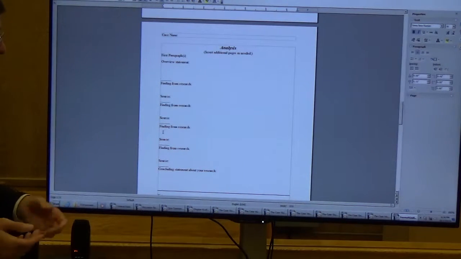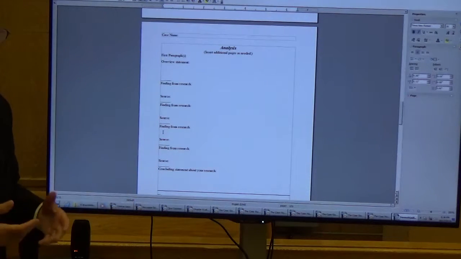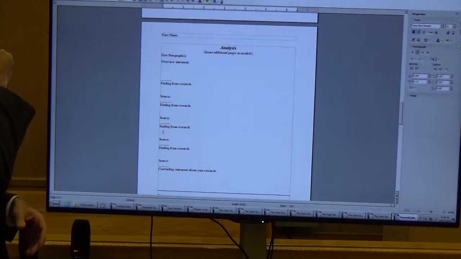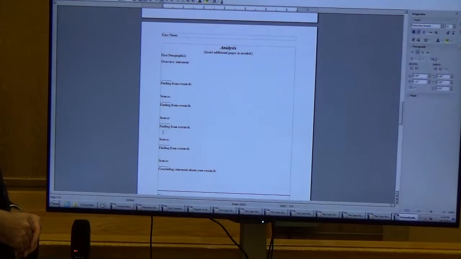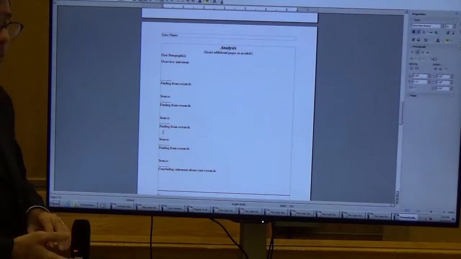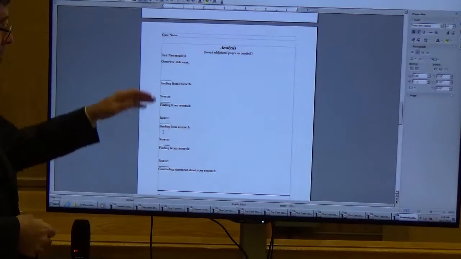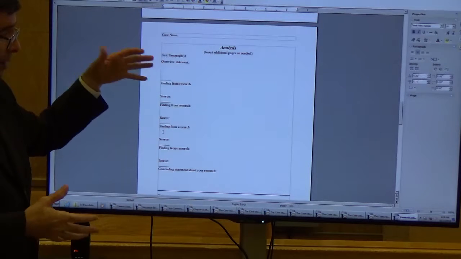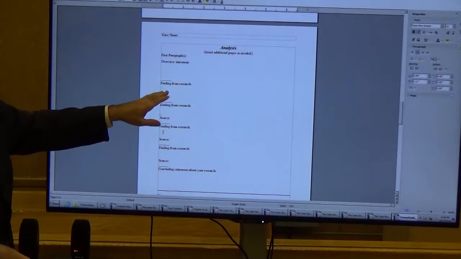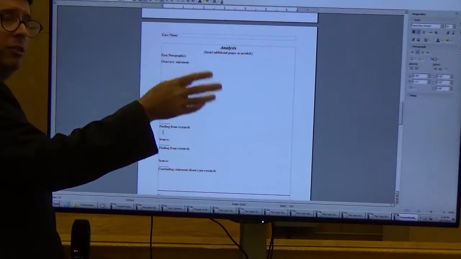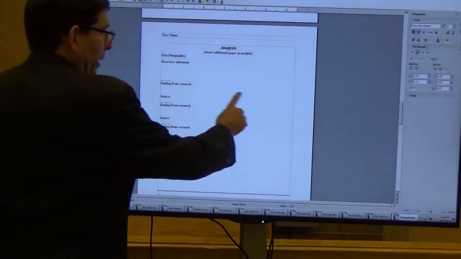How do you do the analysis? For every single paragraph, this gives you the breakout. Remember I said there were two parts to an analysis. First we laid out our research, then we related the facts to the research. So again, it's the top and bottom of the sandwich: the overview statement, the conclusion, and then you write down, my research found that nuts and bolts are hard to put together.